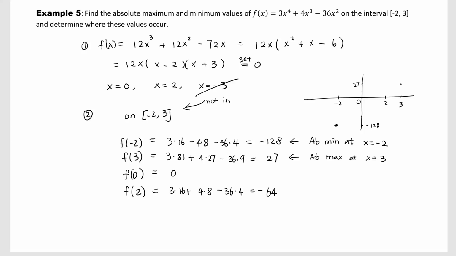Then at 0 it is 0, and at 2 it is -64. So maybe here is -64. Connect them smoothly. So this is roughly what it looks like. If you want to sketch the picture, this is what it looks like. So far, so good, everybody?